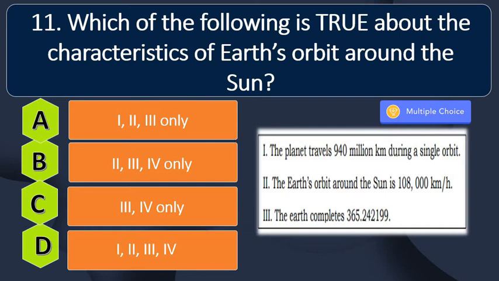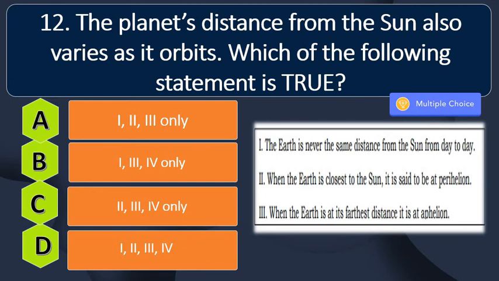Let's proceed with question number 12. The planet's distance from the Sun also varies as it orbits. Which of the following statements is true? 1. The Earth is never the same distance from the Sun from day to day. 2. When the Earth is closest to the Sun, it is said to be at perihelion. 3.